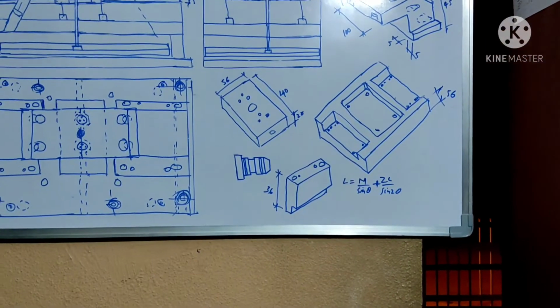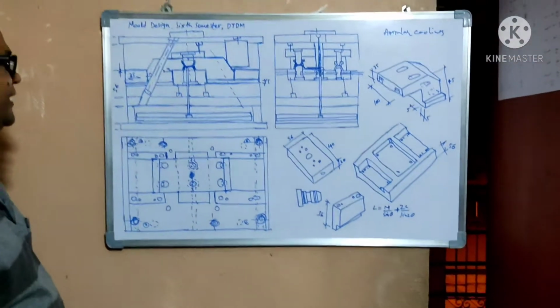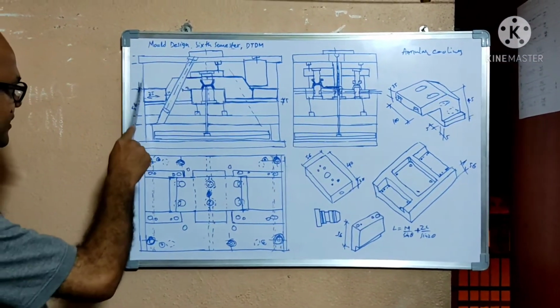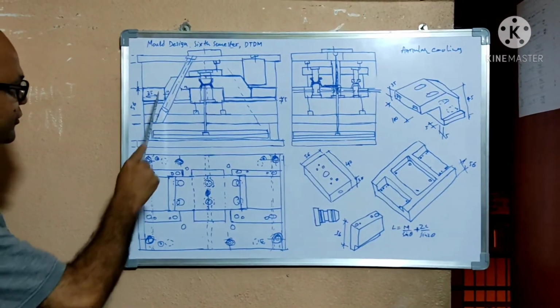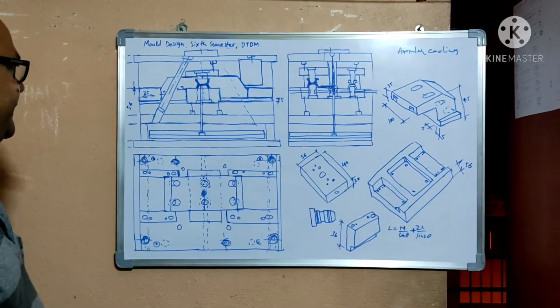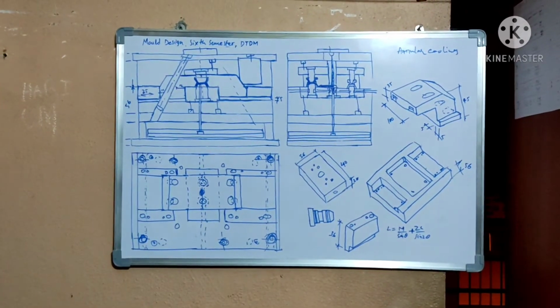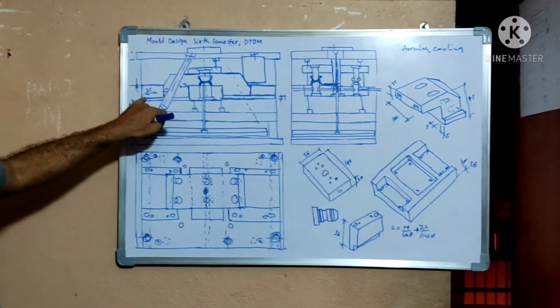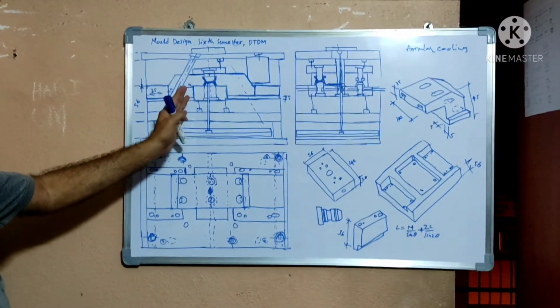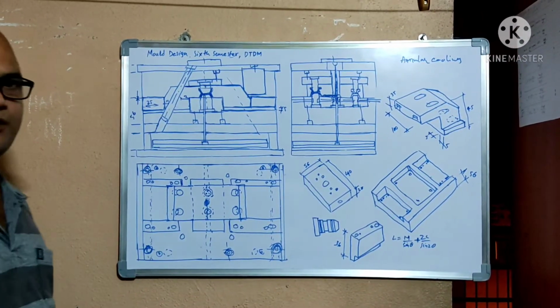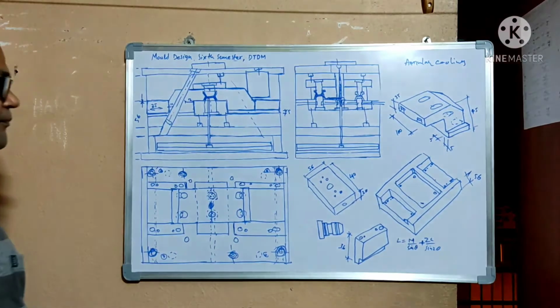Here I have shown it, and the most important thing is you have to draw the projections from here to here. You have to draw the projection here, and in the back side of the side core you have to provide a space for the back movement of the split, that should be around 25 mm.